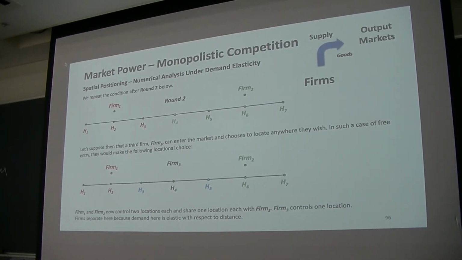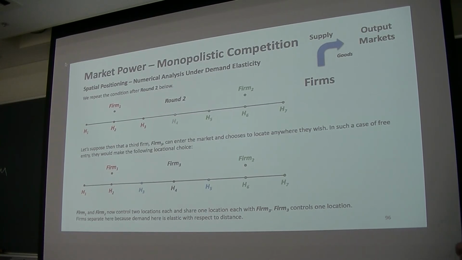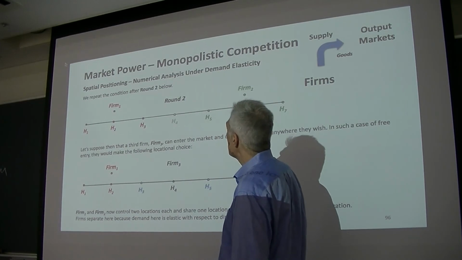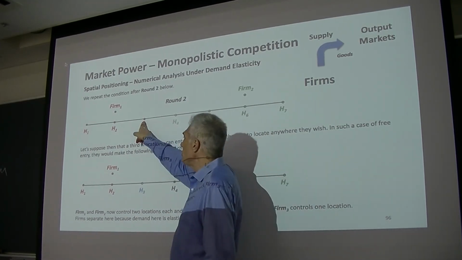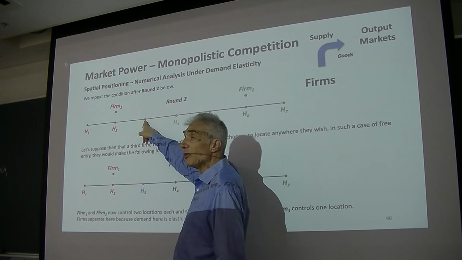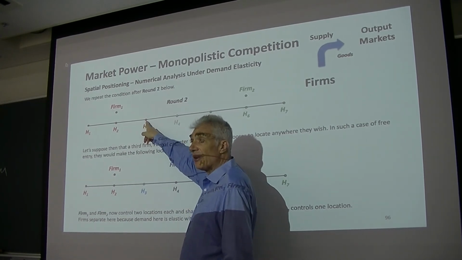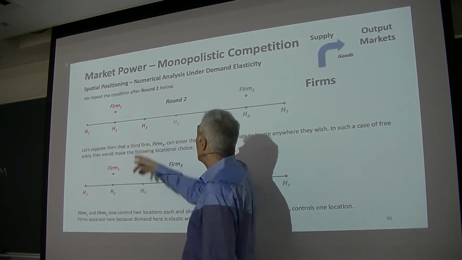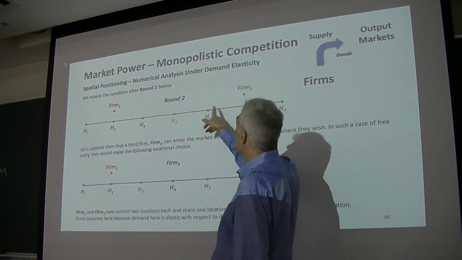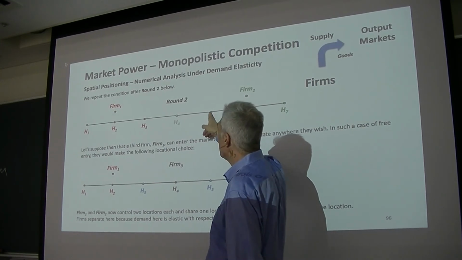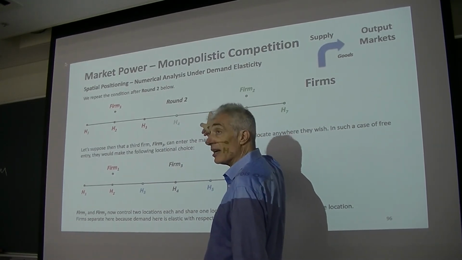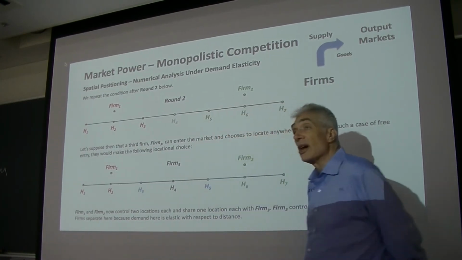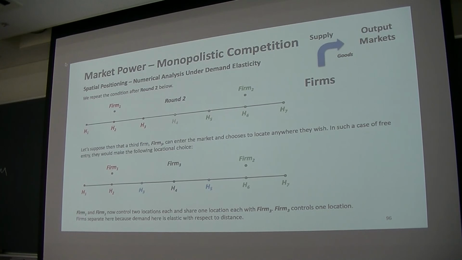Now what happens here? Firm 1 could move here, but they still would only control 3. They're not better off. They're not worse off. And this firm could move here, and they would control 3. Or they can just stay, this is an equilibrium.